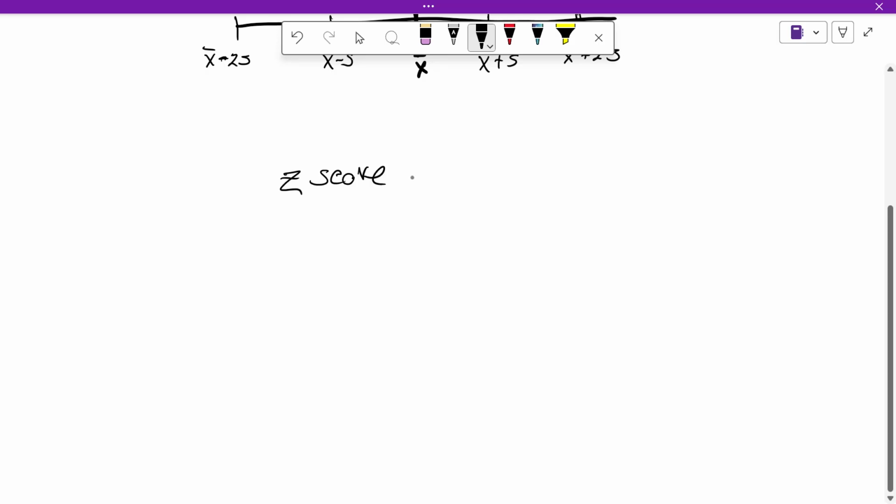It's called a z-score. A z-score is equal to the observation minus the average divided by the standard deviation. So the average before, I had an observation of 3. I subtract this average and divide by the standard deviation.